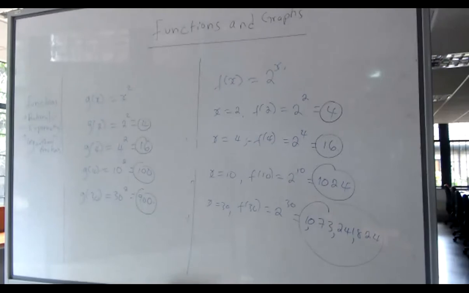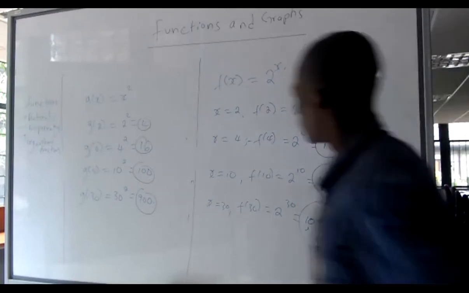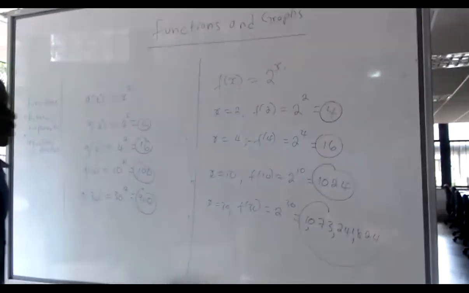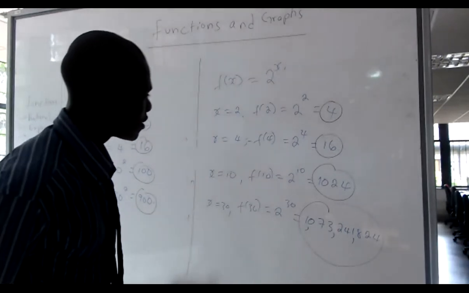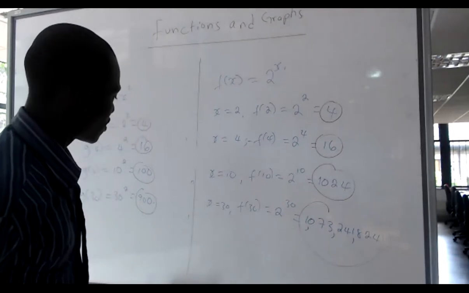So for the function g, I think starting on the 10th value, the base is the exponent and the exponent was the base. So it just interchanged. They are all square roots.